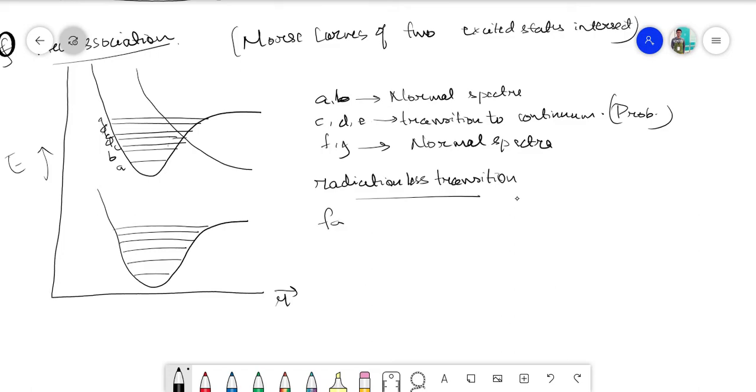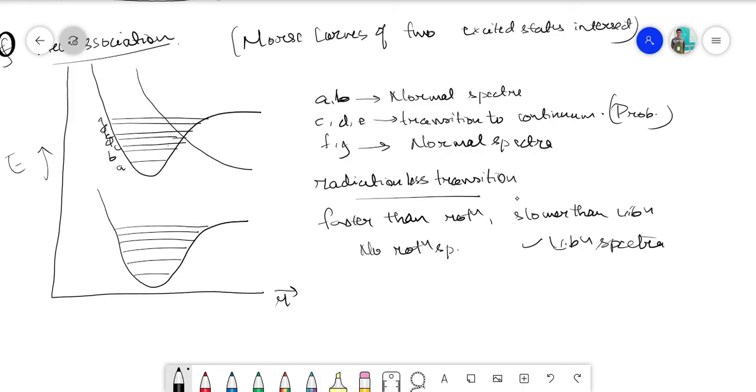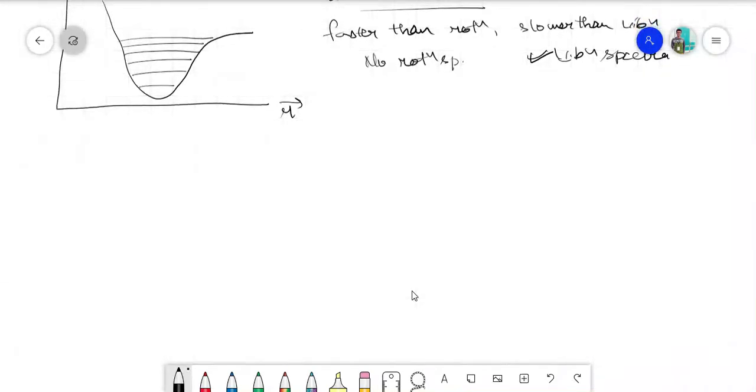Now, it is faster than a rotational transition, but slower than a vibration. So that would mean in such cases you will see no rotational spectra, but there will be vibrational spectra. Okay. So this was one important aspect of the Franck-Condon principle and how electronic transitions happen.